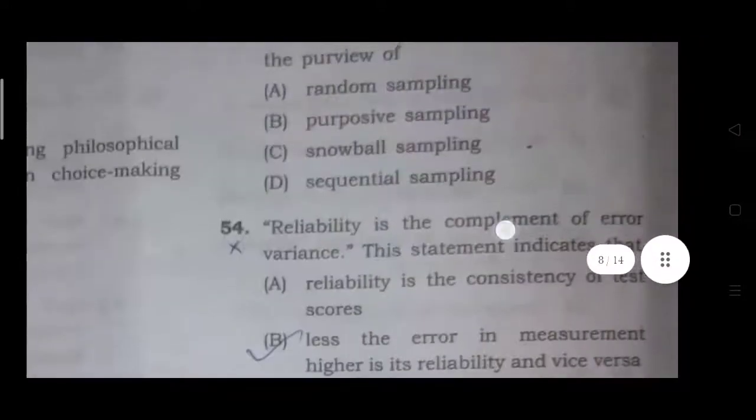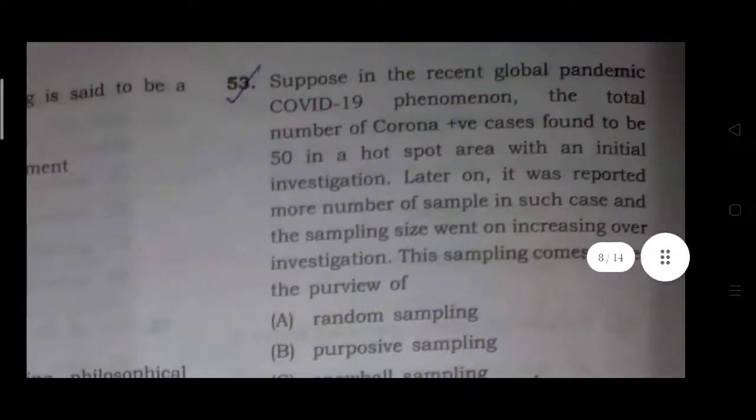Next, 53. Suppose in the recent global pandemic COVID-19 phenomenon, the total number of corona positive cases found was 50 in a hotspot area with an initial investigation. Later on, more samples were reported and the sampling size went on increasing over the investigation.